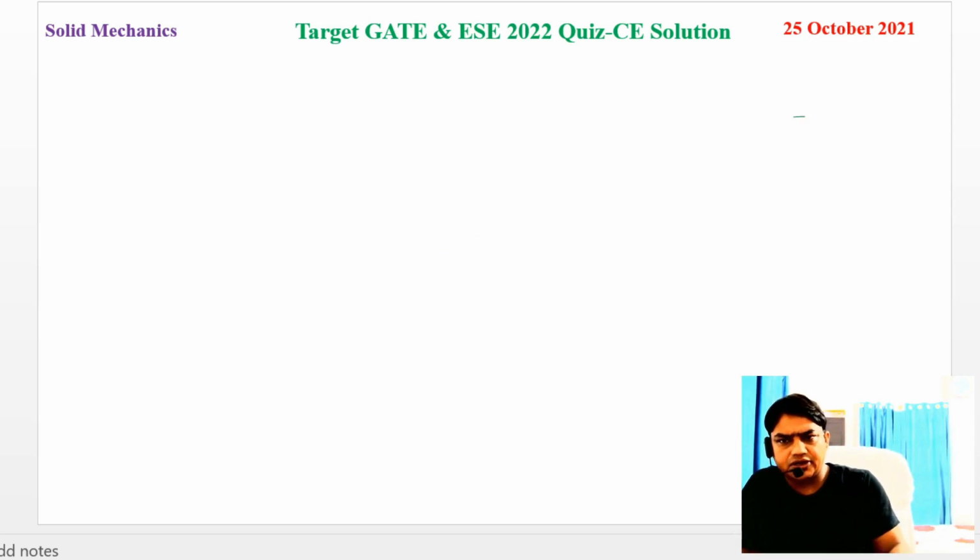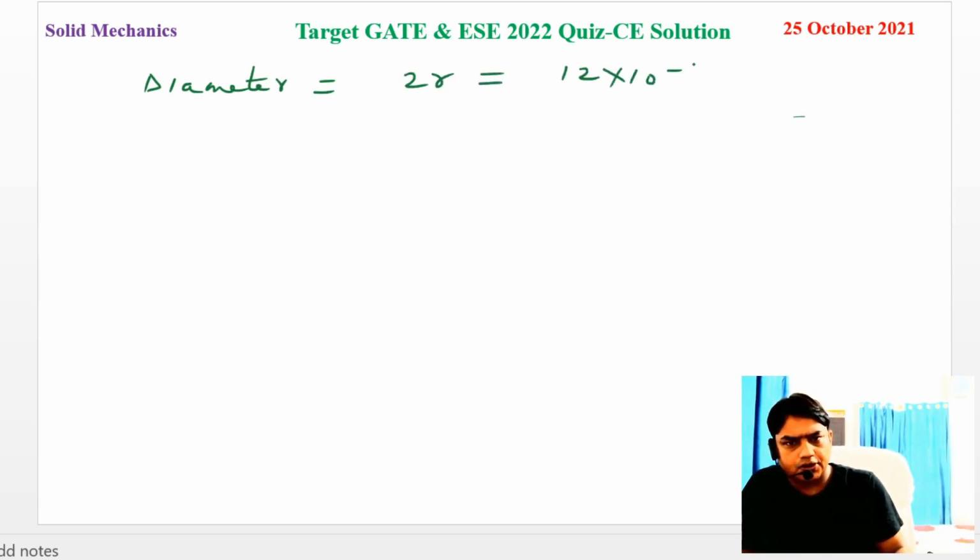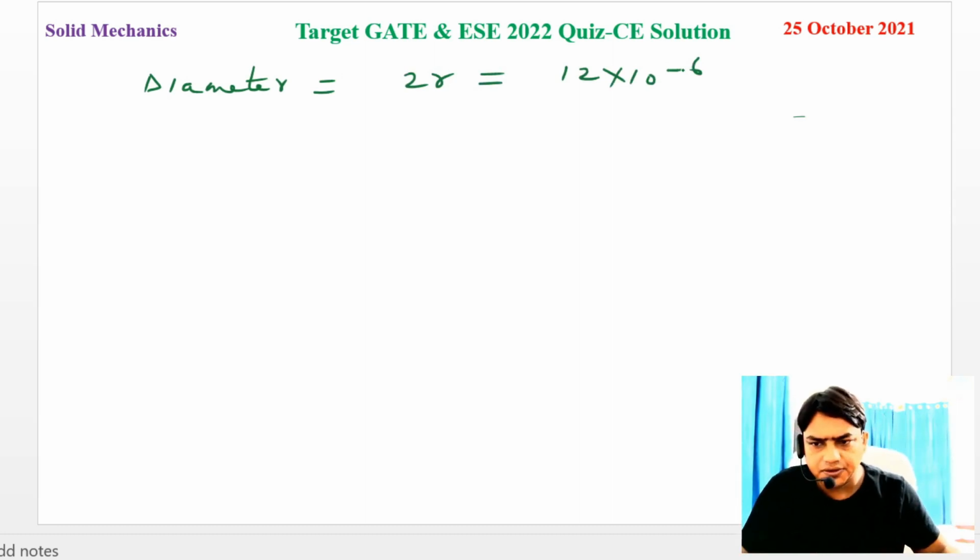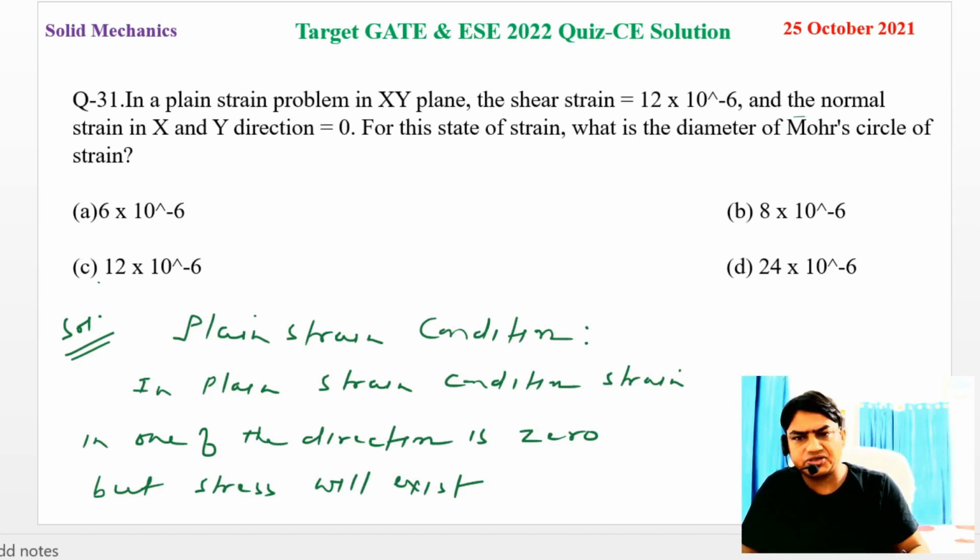The diameter is equal to 2 times the radius, so it will be 12 into 10 to the power minus 6. So C option is correct.